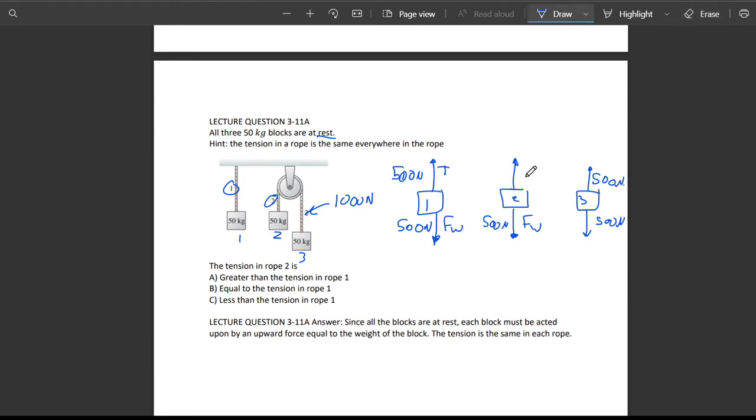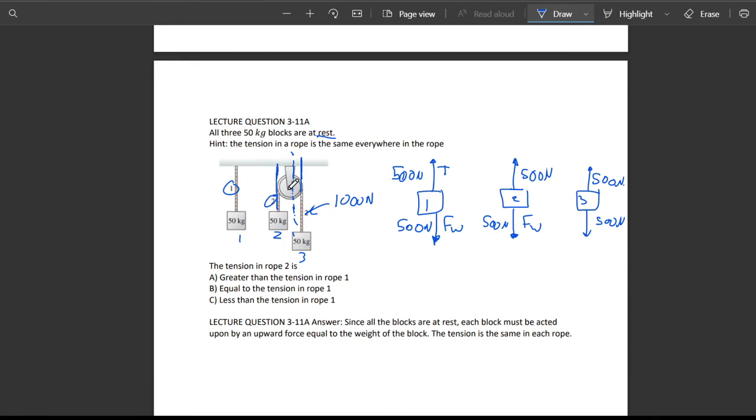It makes more sense that the tension on the rope is equal to the downward force acting on a specific block. And you can imagine this as two separate pulleys, or as two separate systems, because these two blocks are not directly interacting with each other in any specific way. You can imagine that this rope up here ends at the ceiling, and this rope up here ends at the ceiling.